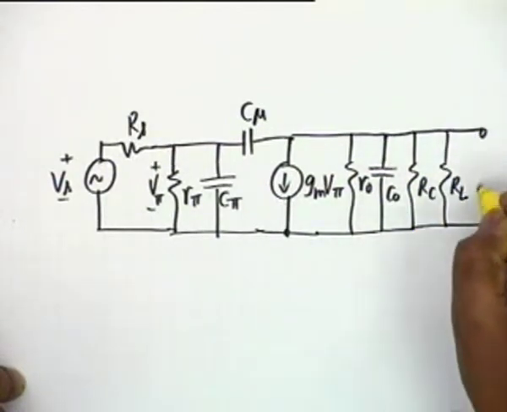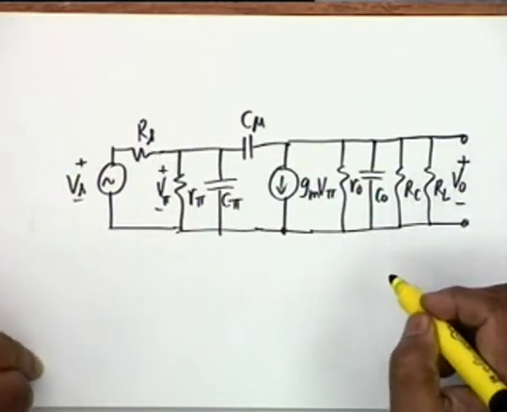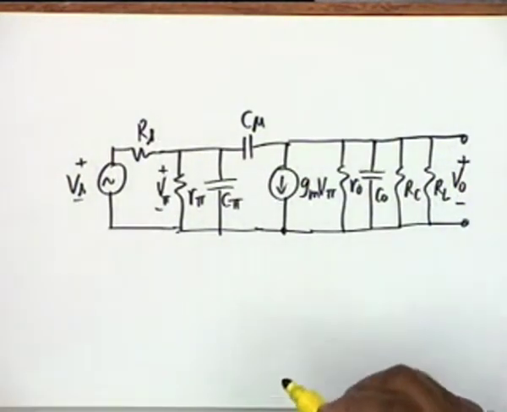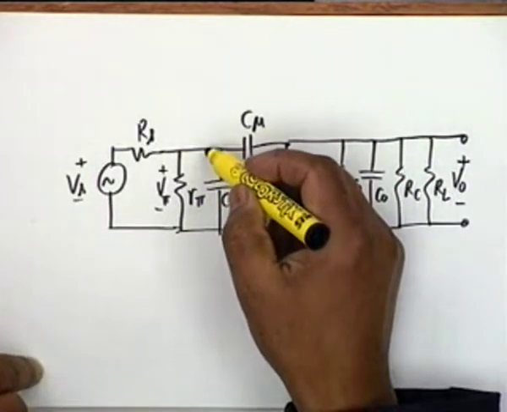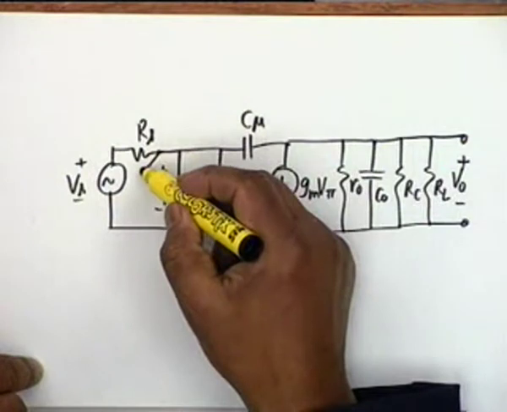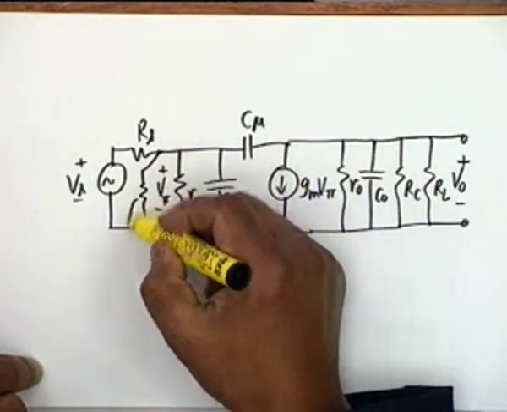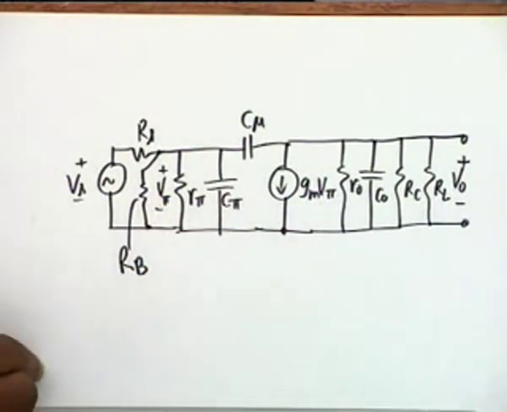This is V0. RB we have ignored, not RB. Oh, there is an RB. Oh yes, of course. This is here. Capital R, capital B. Yes. Any other omission? Tell me.